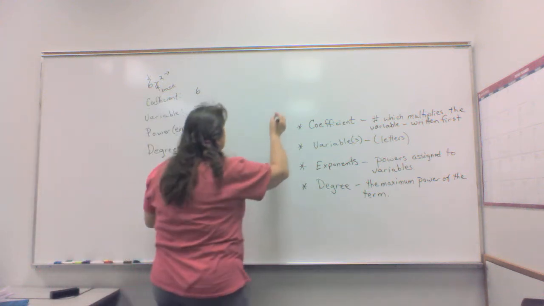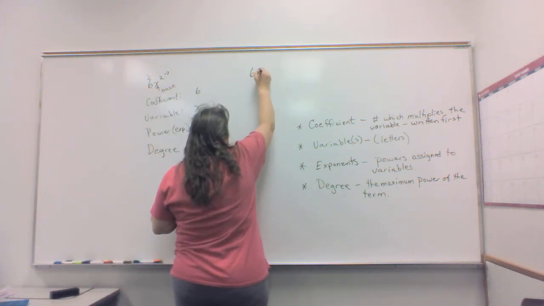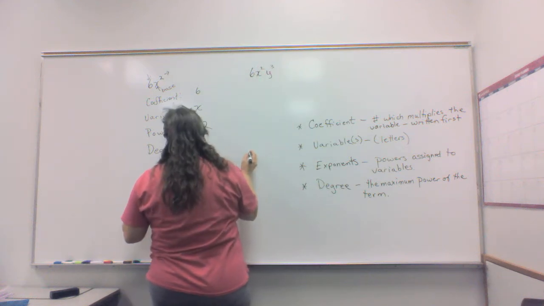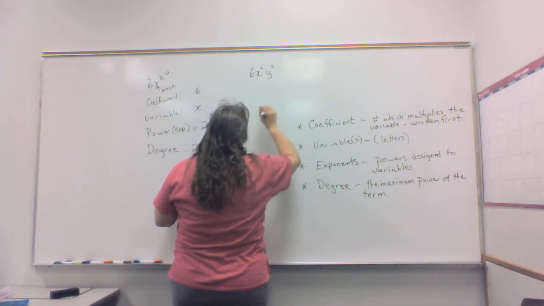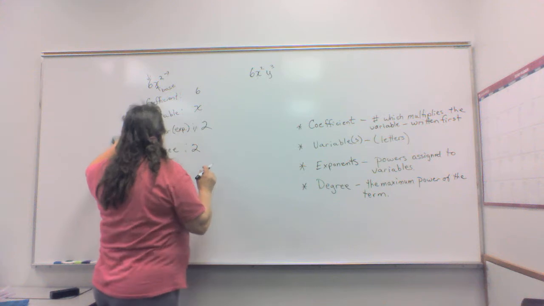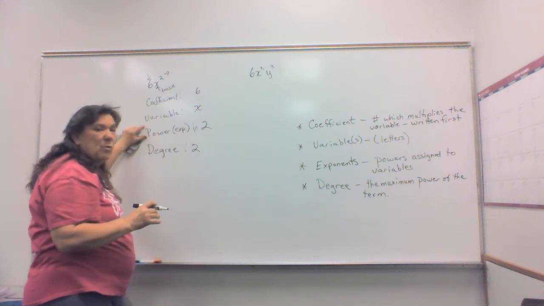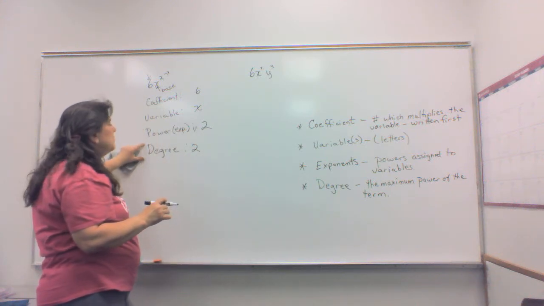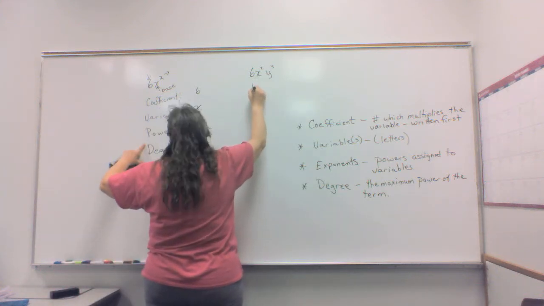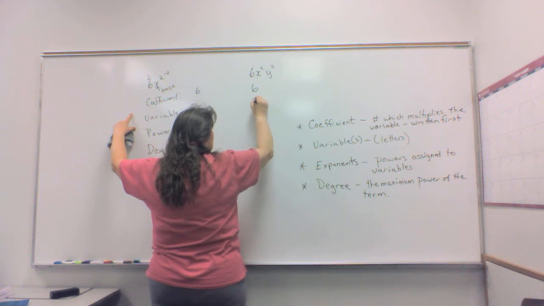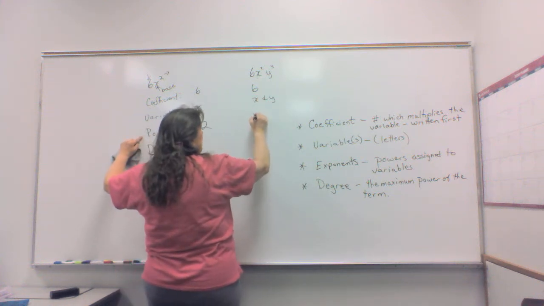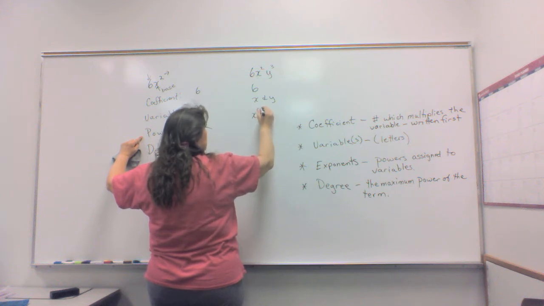Now let's look at another monomial, 6x squared y to the third. In this case, we have 2 bases, so we don't have a power of that term. Instead, we have a degree of the term. My coefficient is 6. My variables are x and y. The power of my x is 2.